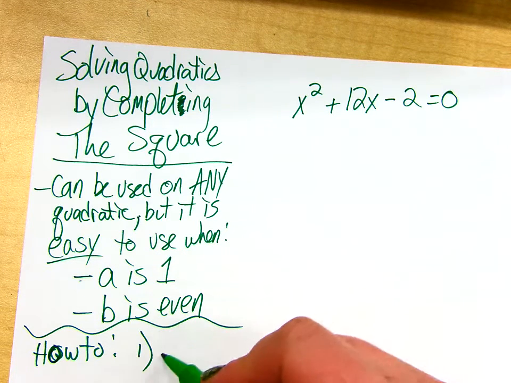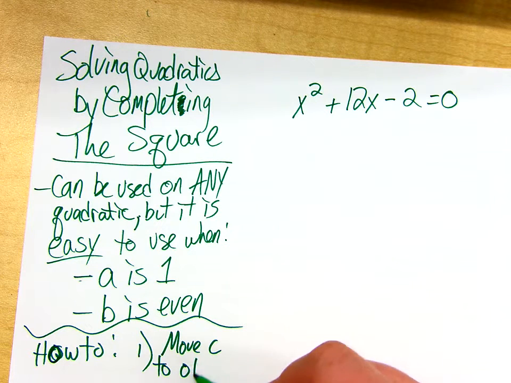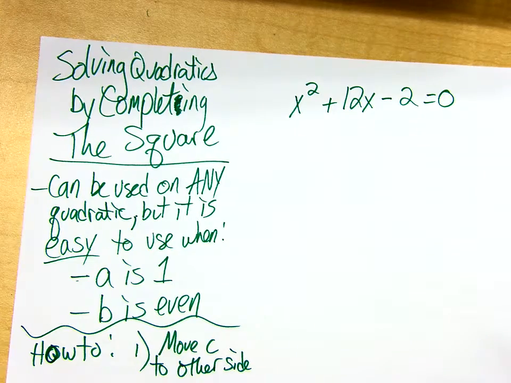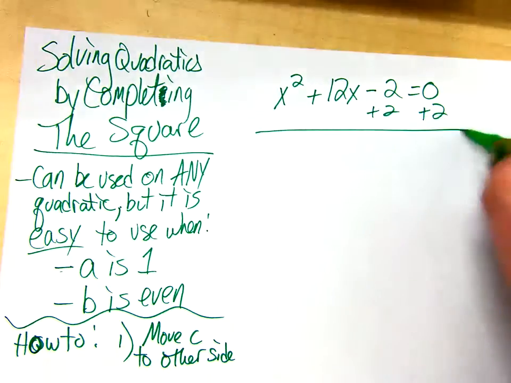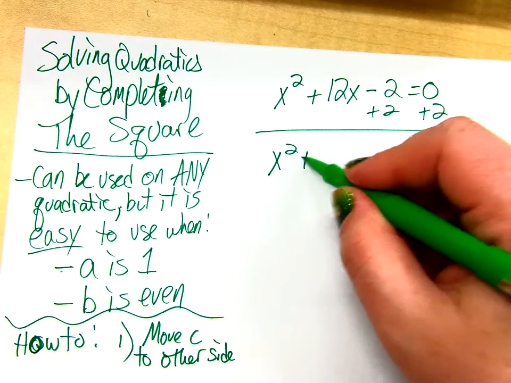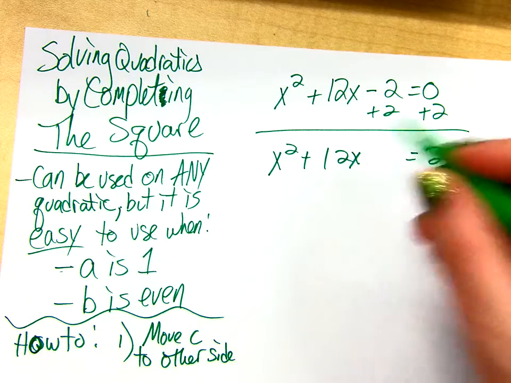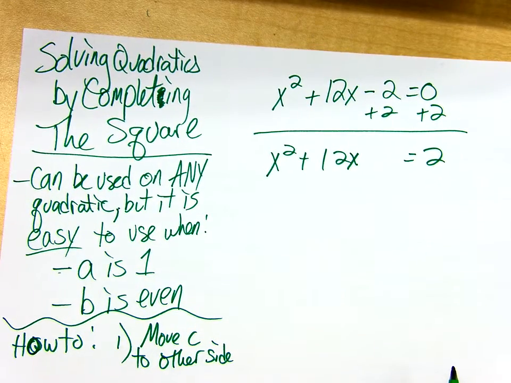Step 1, move c to the other side. Now watch how I do this though. When I add 2 to the other side, I'm going to leave a space here. I forgot my x. I'm going to leave that spot open. You'll see why in a minute.